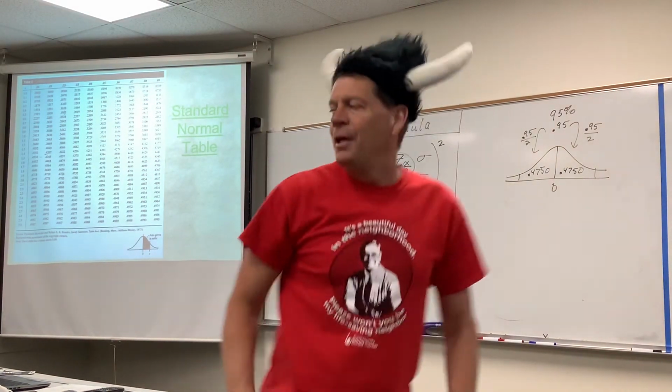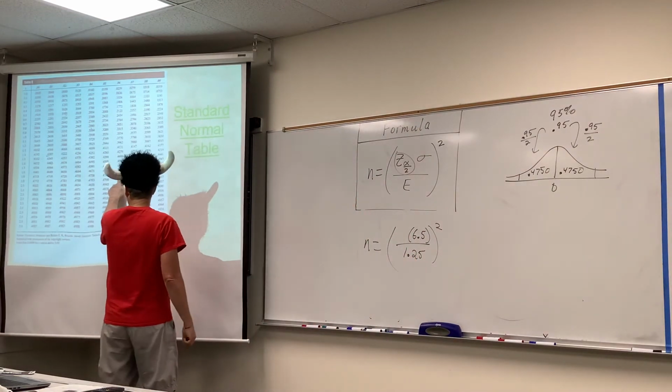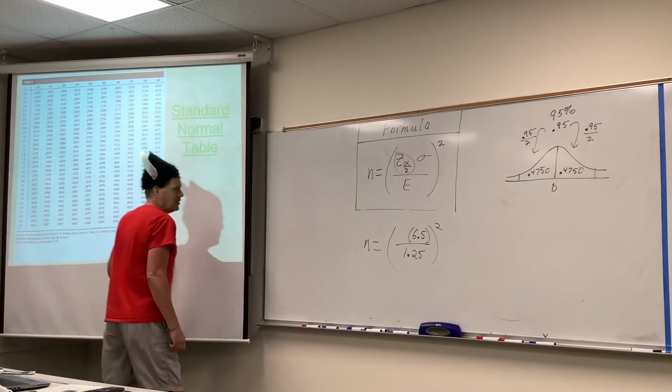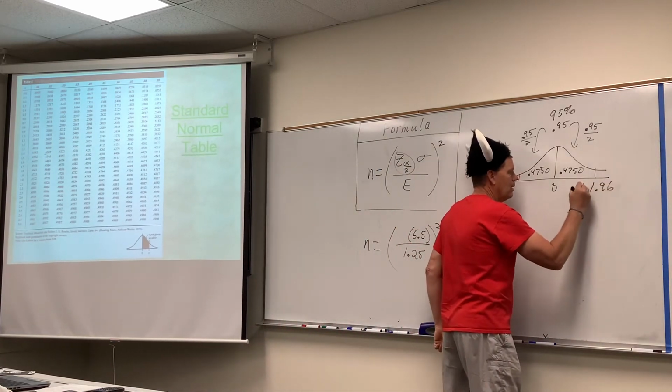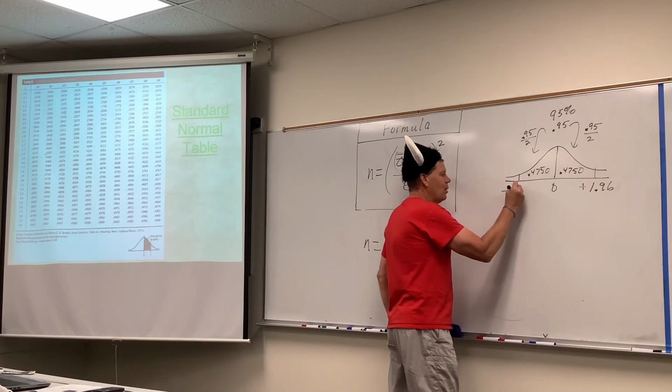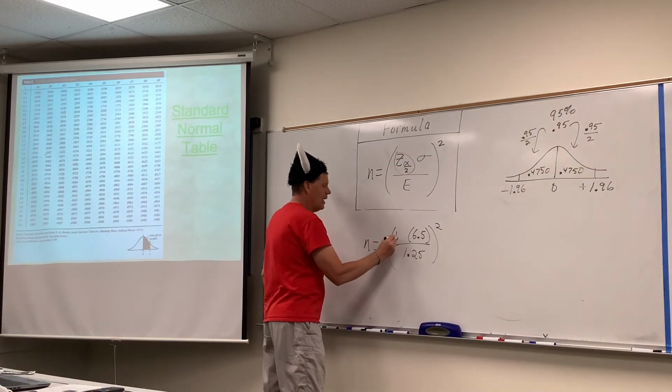Table time. So middle sliver 4750, perfect, it's right in there, 1.96. After a while you get to know where these things are. But anyway, 1.96 would be that number in there.